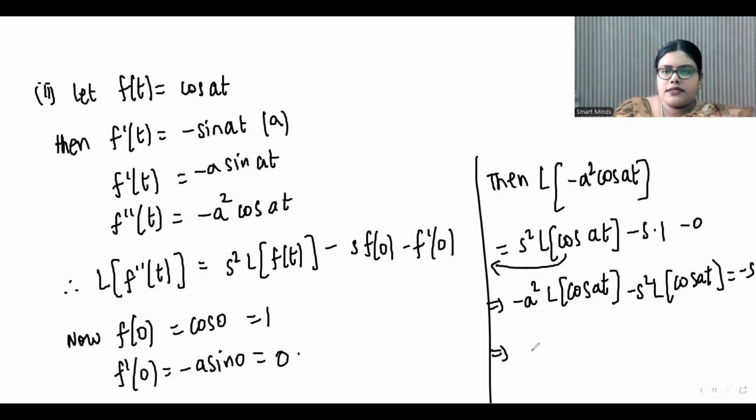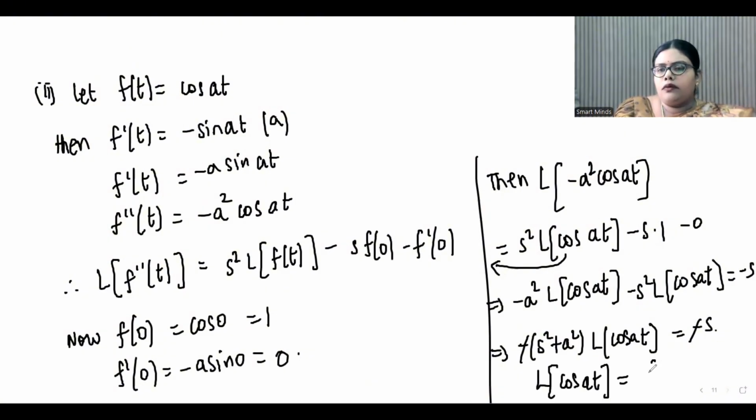That implies minus of s square plus a square into L of cos at, I took L of cos at common, is equal to minus s. Minus minus cancel. So L of cos at is equal to s by s square plus a square.